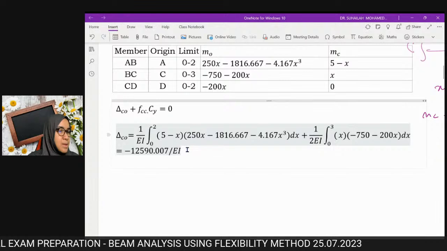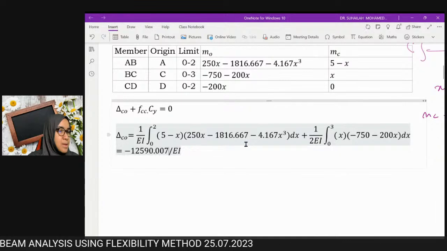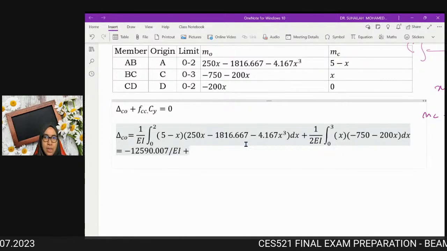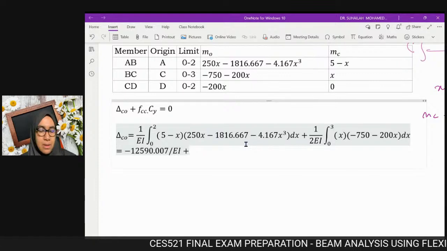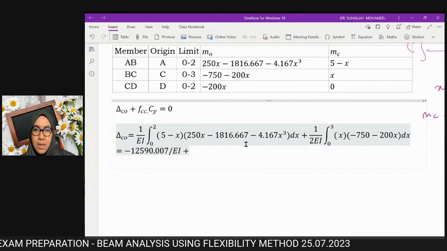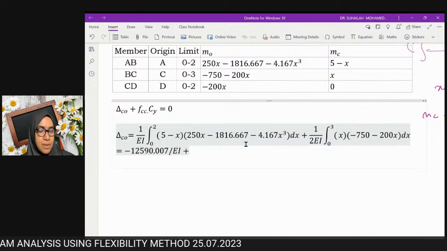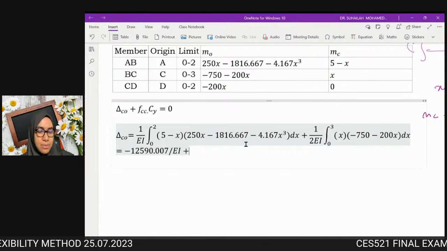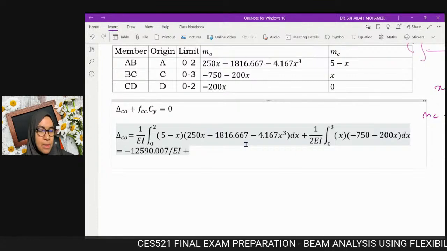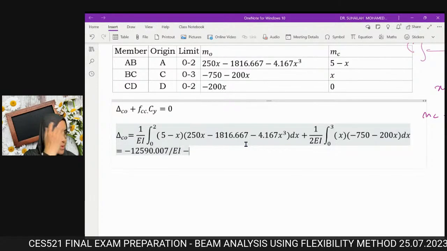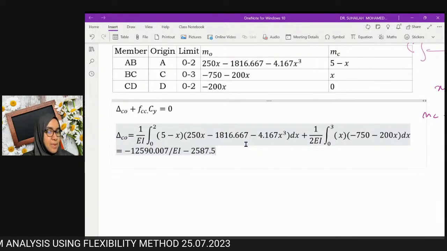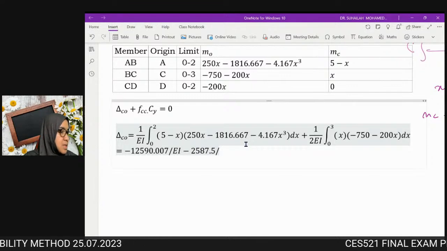And this one we have to add another one. Another one is x times negative 750 minus 200 x from 0 to 3, and we divide by 2, so we get negative 2587.5 over EI.